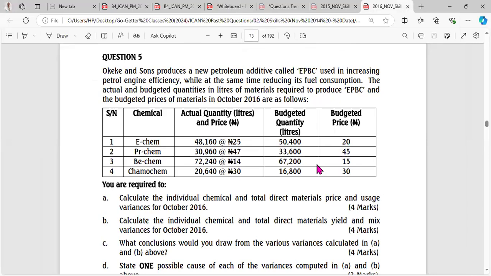This is the budgeted quantity. We are going to use this now.